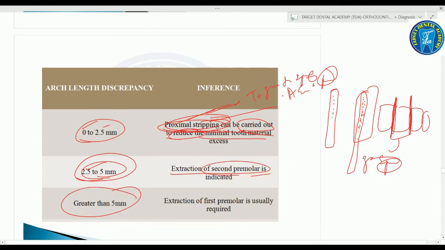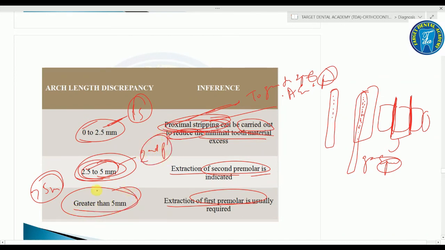And if you require space greater than 5 mm, then you go for the first premolar extraction. If you need the space of about 0 to 2.5 mm, go for proximal stripping. If you need the space of about 2.5 to 5 mm, go for second premolar extraction. If you need the space of more than 5 mm, go for first premolar extraction.